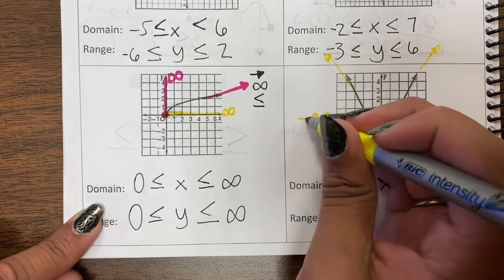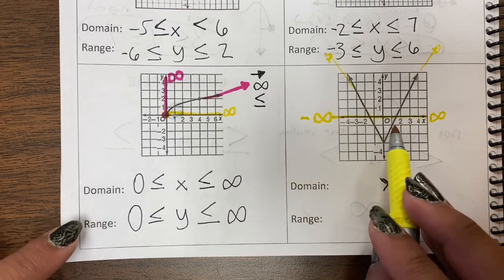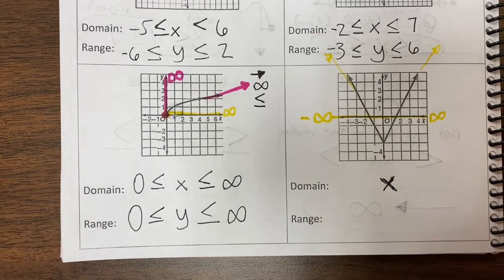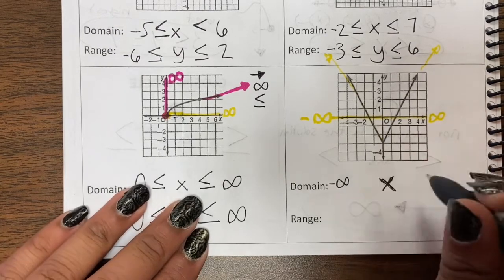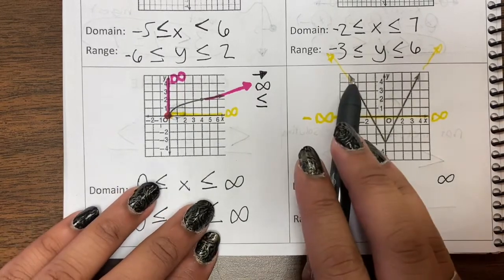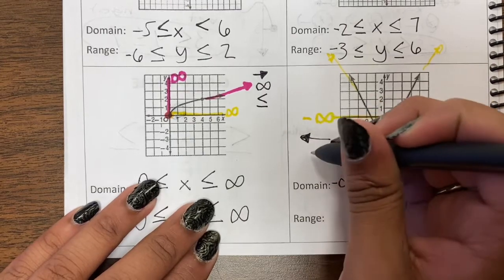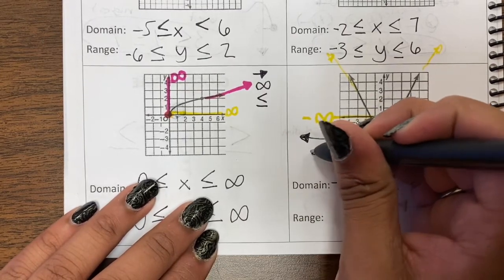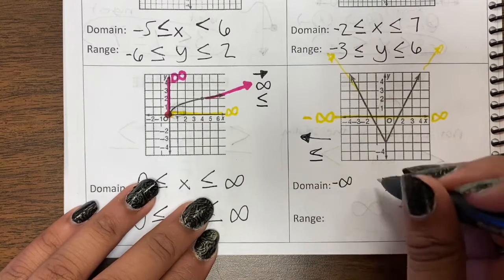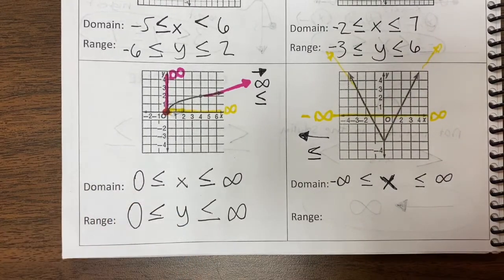So the lowest point will be negative infinity, because remember, this is the negative side, and the positive side is going to be infinity as well. So our two numbers are negative infinity and positive infinity. And since it's arrows, remember, arrows mean we're going to use the less than or equal to symbol. So on both sides, we're using the less than or equal to symbol.